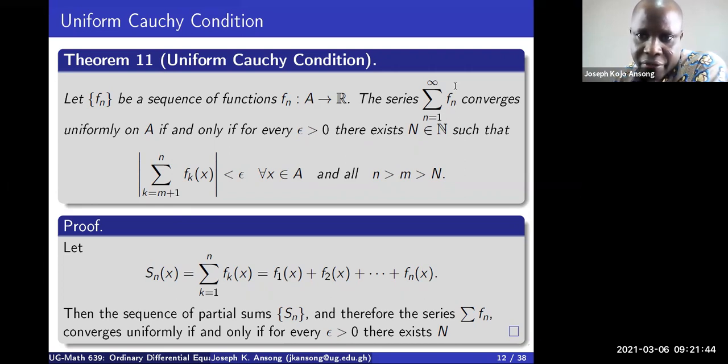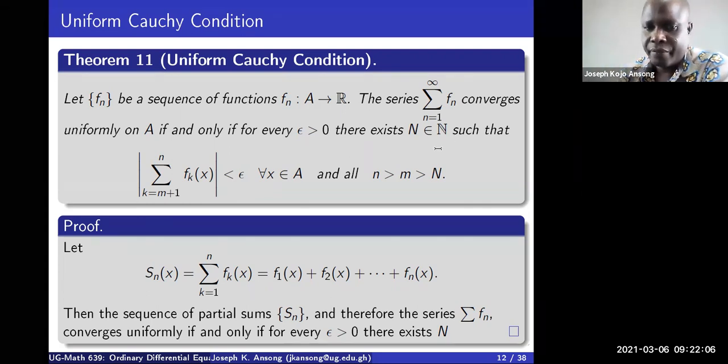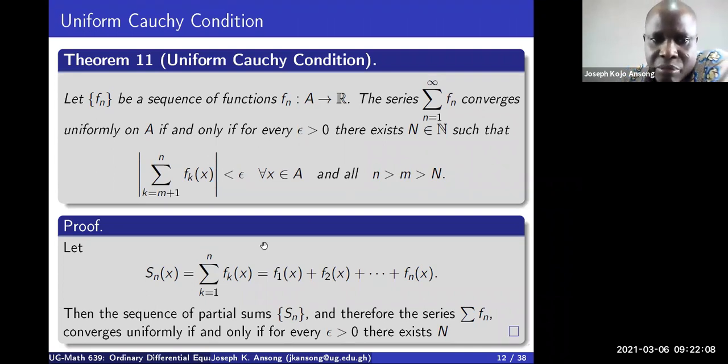You can see that this series converges uniformly if a partial sum of the series is bounded. And on the other hand, if the partial sum is bounded, then you can also conclude that the series itself converges uniformly to some function. Okay, so that is the point here.